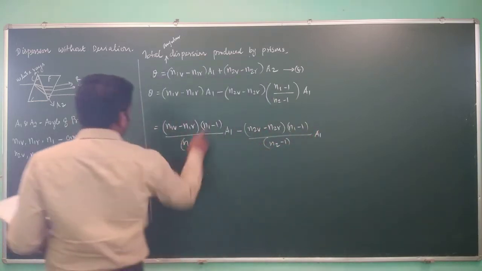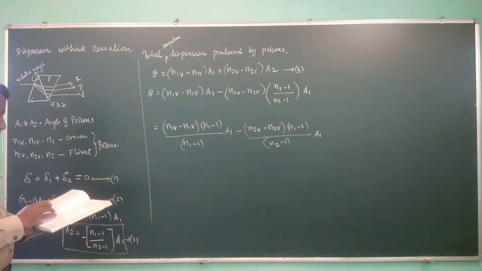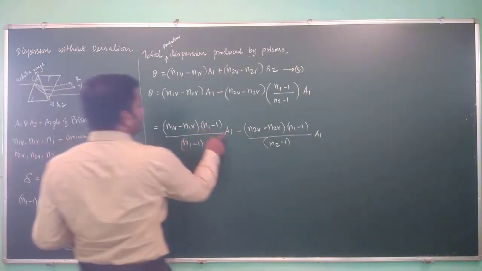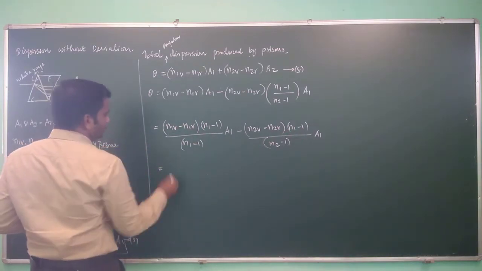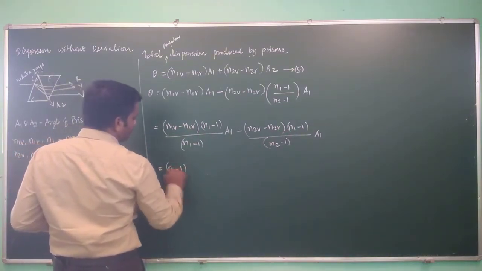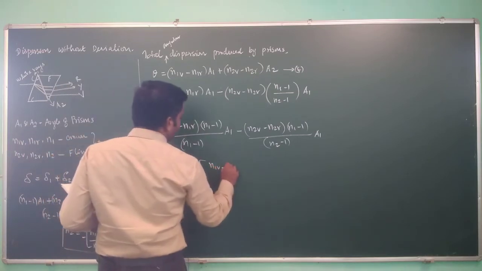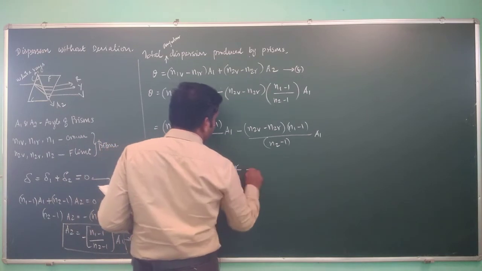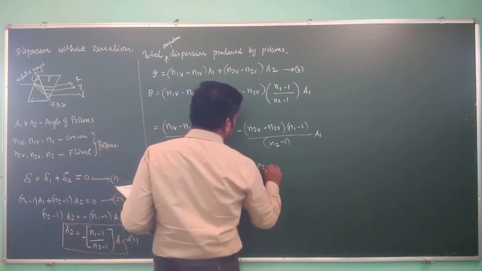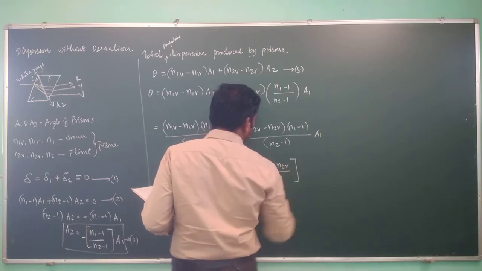Here we have only multiplied n1 minus 1 on numerator and denominator. Now n1 minus 1 into a1 is present on either side, so we can take it as common: n1 minus 1 into a1 multiplied by n1v minus n1r divided by n1 minus 1, minus n2v minus n2r by n2 minus 1.